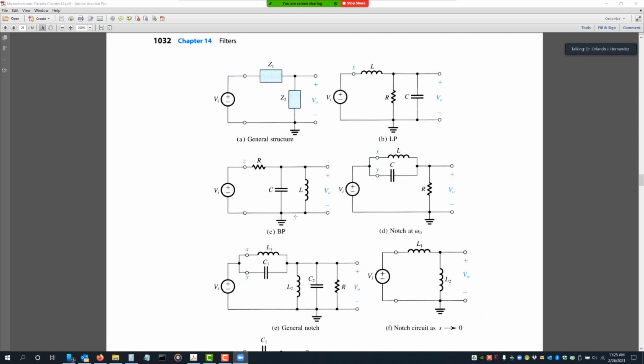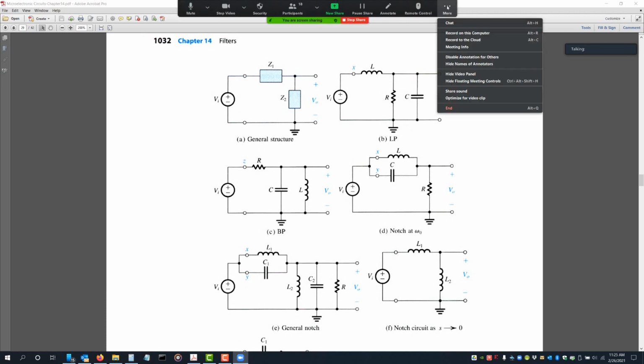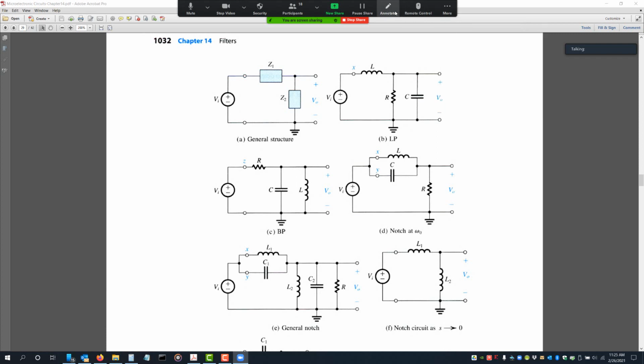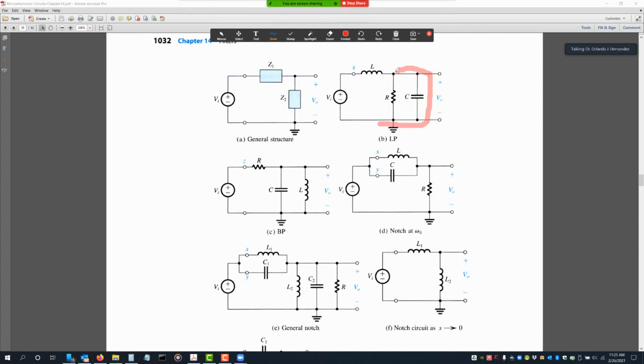So here we have different filter structures depending on what we make the zero impedance. Okay. So this would be the impedance that gives us the zeros.